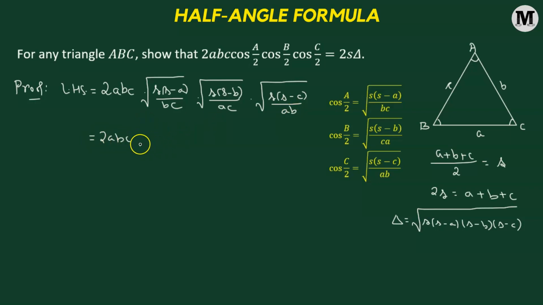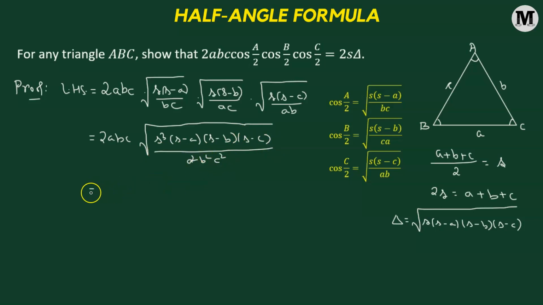Now let's simplify them. So we have the square root of s cubed multiplied by s minus a times s minus b times s minus c divided by, in the denominator, we're going to have a squared, b squared, c squared. Now we can pull out the perfect square from inside the square root. So that means from s cubed we can pull out s squared.